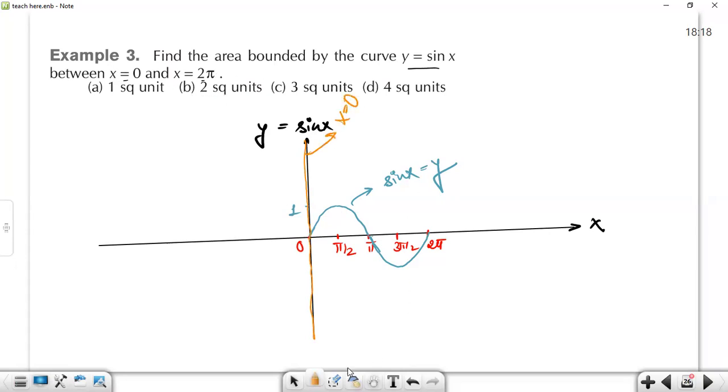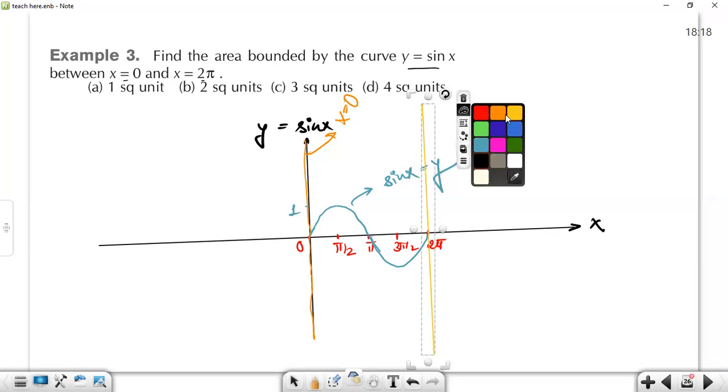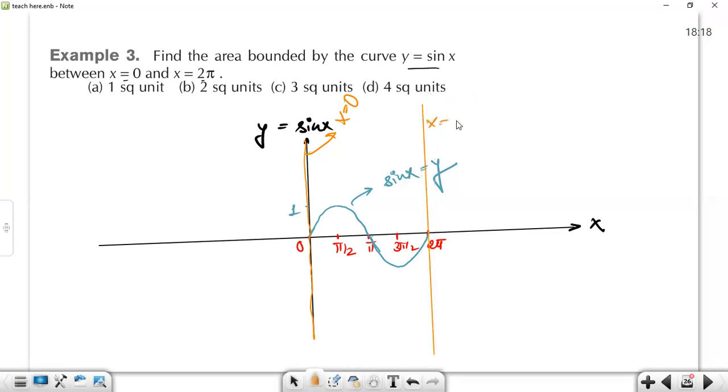Now let's draw x is equal to 2 pi. So x is equal to 2 pi will be a straight line at 2 pi parallel to the y-axis. Okay, so this is x is equal to 2 pi.